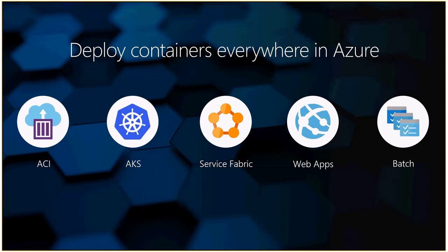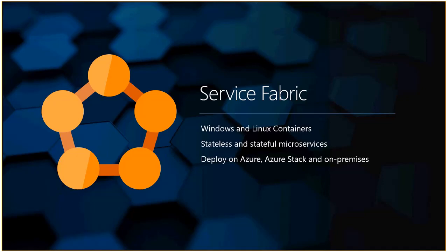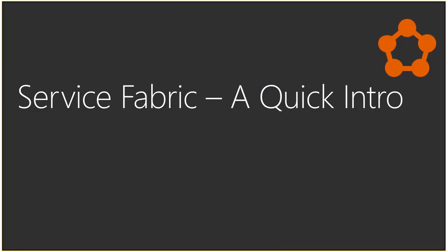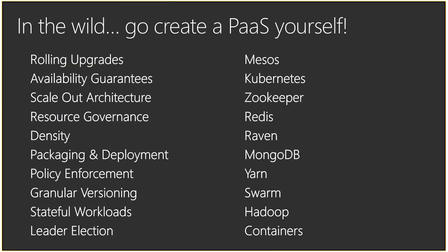For the people who need it, I just want to provide a quick refresher of what Service Fabric is, and then move forward. So a quick intro. On the left-hand side, if you are building a PaaS platform for your application, these are the things that you need.